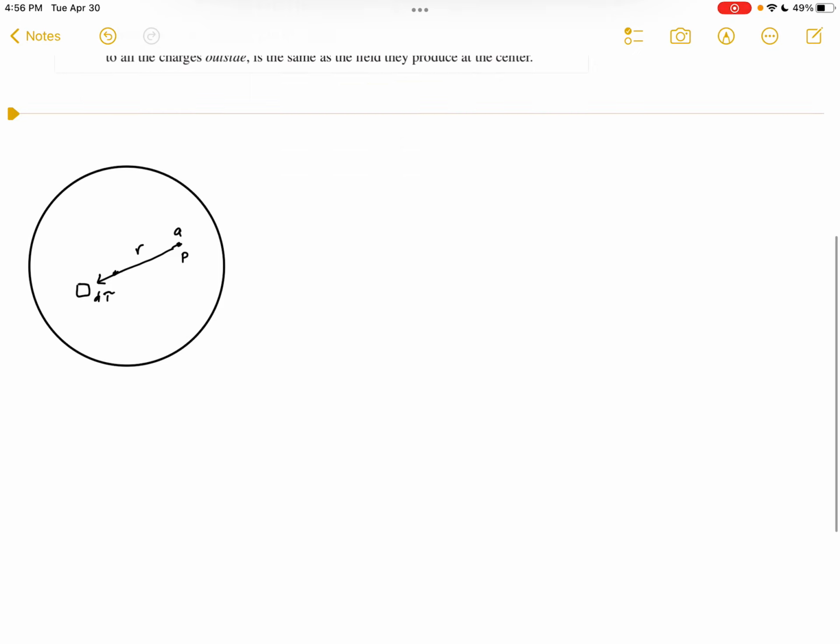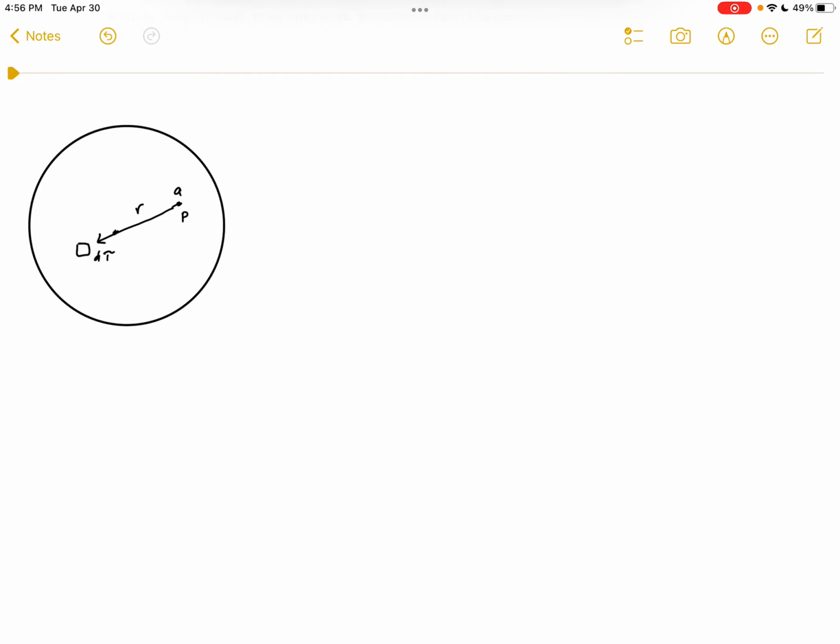So now we want to write an expression for the average field due to the point charge q at that distance r. So our electric field average is equal to 1 over 4/3 pi R cubed times the integral of E d tau.